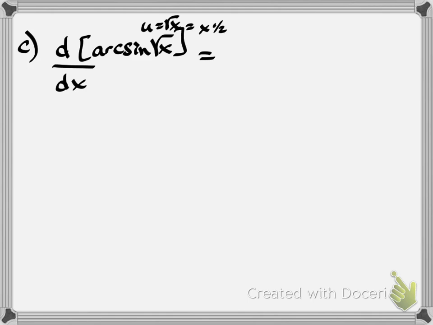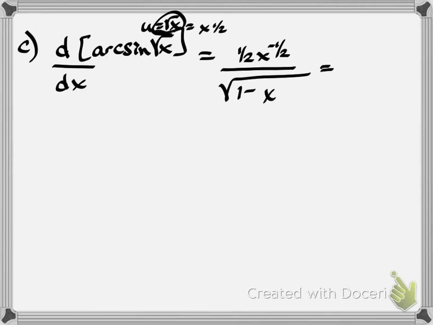So u prime on the numerator is 1/2 x to the negative 1/2 over the square root of 1 minus u, which is square root of x squared. So when you square the square root of x, you just get x. Now the only thing we need to do is rewrite this 1/2. Let's just rewrite the numerator. It would become this, right?